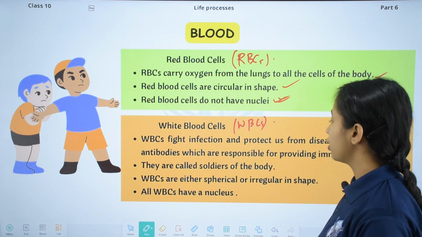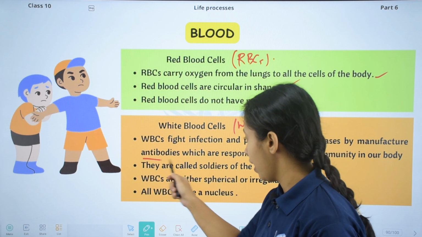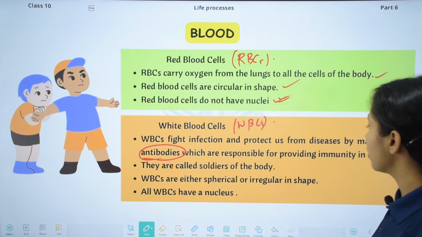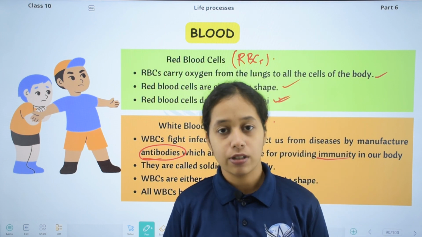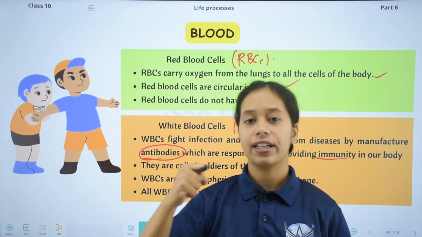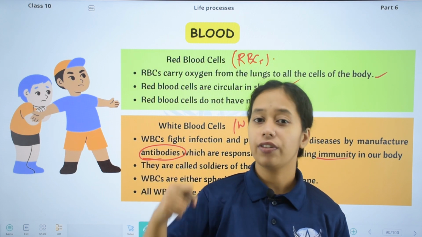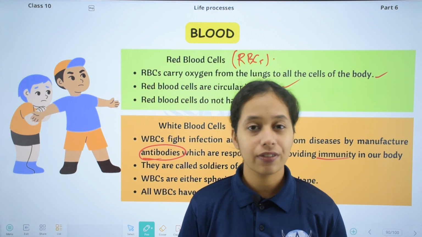WBCs fight infection and protect us from diseases by manufacturing antibodies, which are responsible for providing immunity in our body. The work of RBCs is to carry oxygen. The work of WBCs is to fight infections, to fight germs, to fight foreign materials that are harmful to our body. How do they fight?